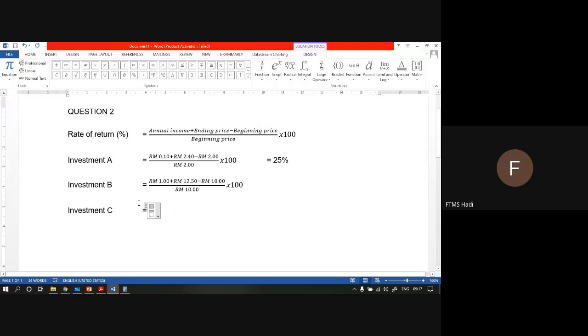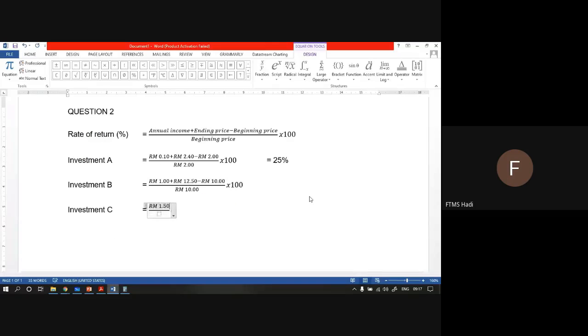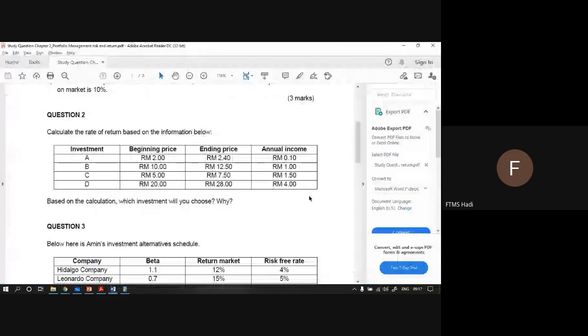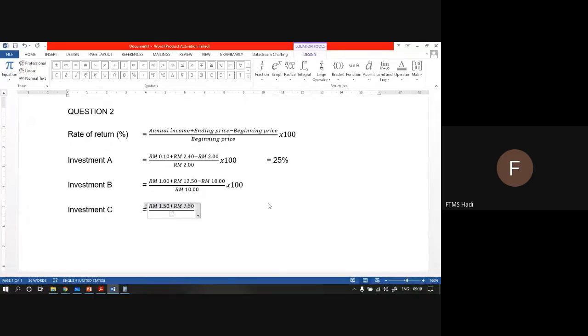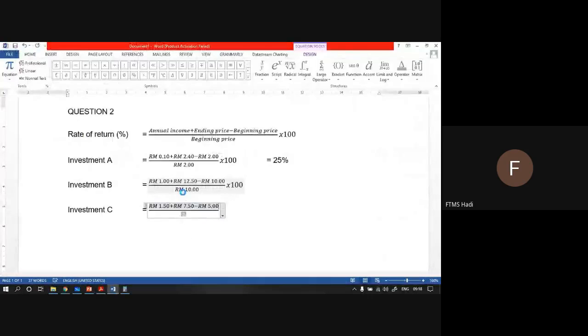Okay, investment C, annual income 150 plus with your ending price 750 minus with beginning price RM5 divided by RM5 multiplied by 100. Okay.